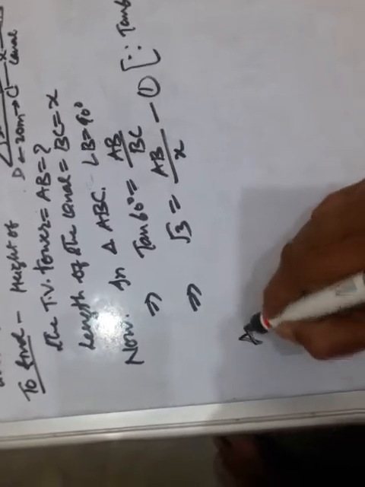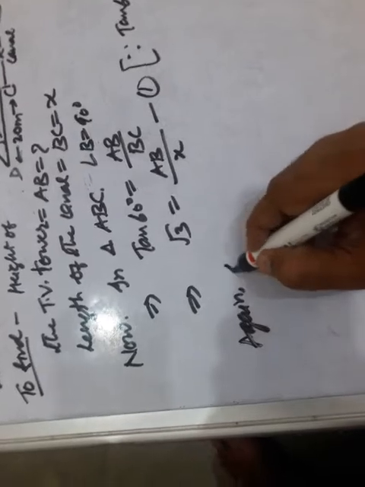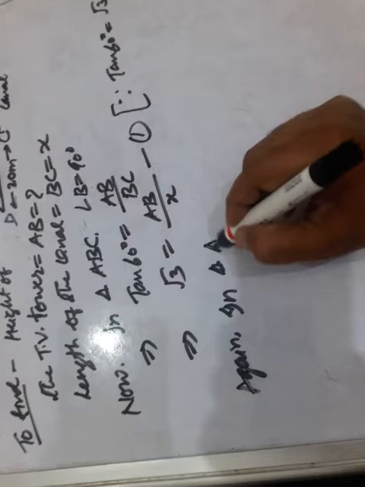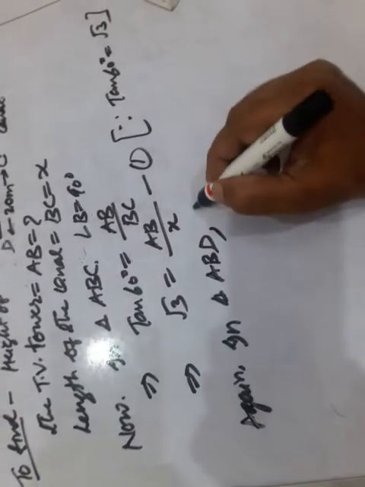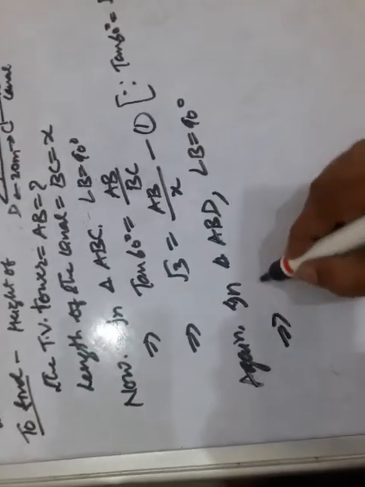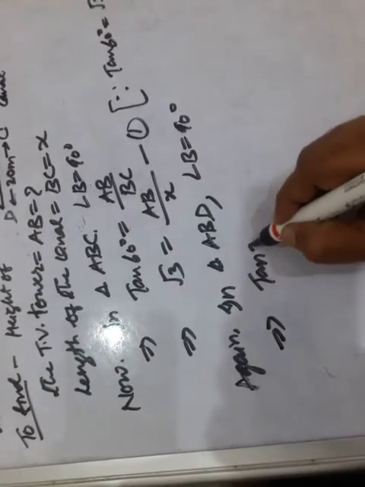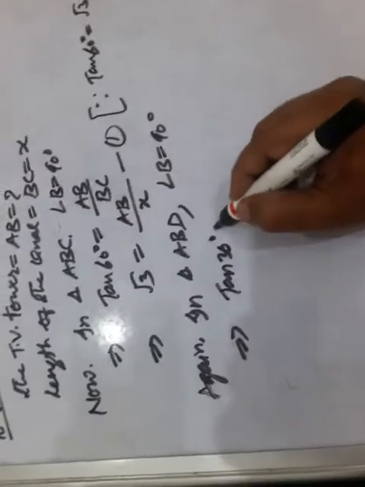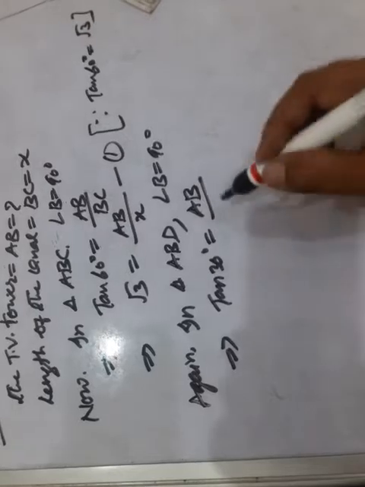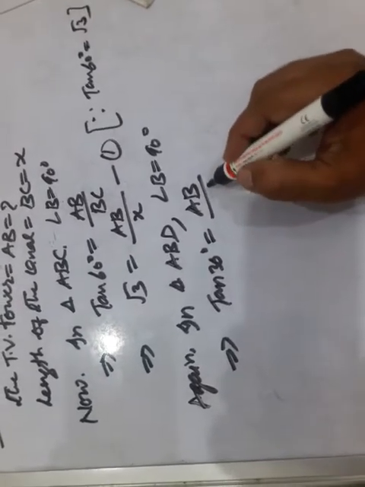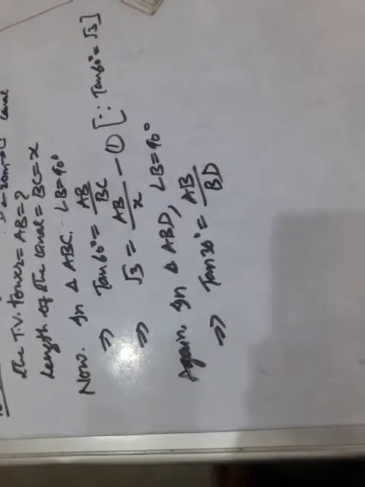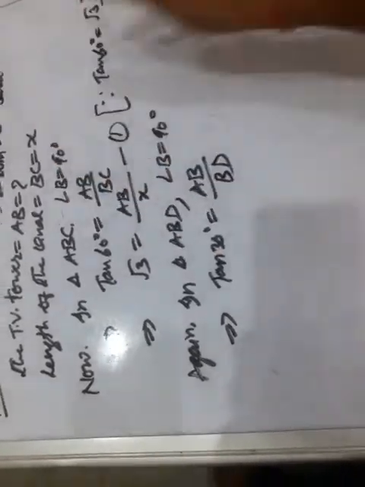Again in triangle ABD, angle B equal to 90 degree. This implies that tan 30 degree equal to AB upon BD.